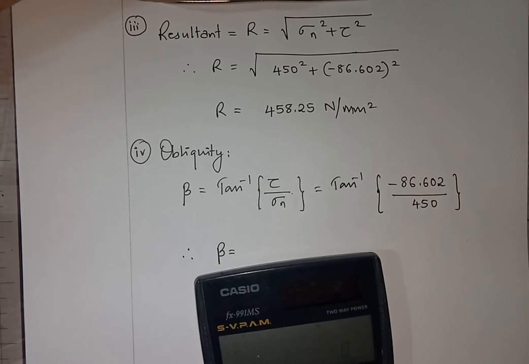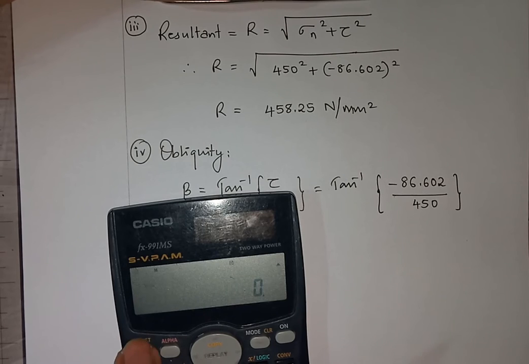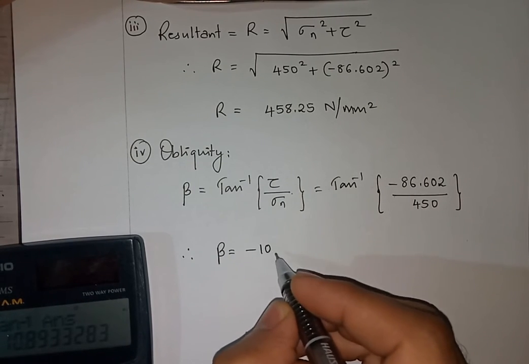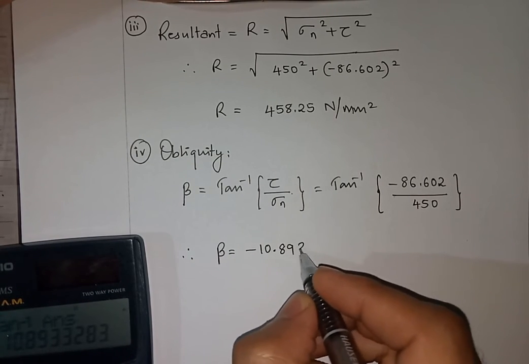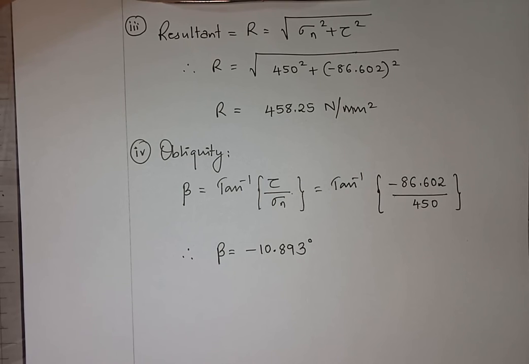Beta is tan inverse of minus 86.602 divided by 450, so it is minus 10.893 degrees. Right, so that is obliquity, and at last I need to find out the maximum shear stress.